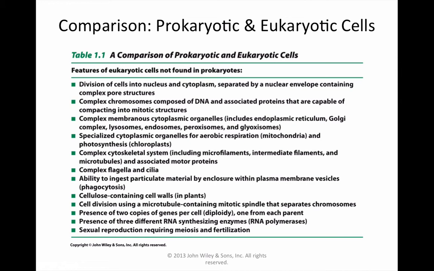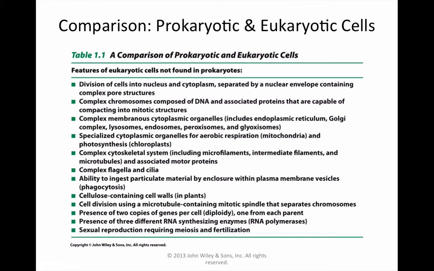And this nucleus is membrane bound, so it has a nuclear envelope. And this is not found in a prokaryote. We have complex chromosomes composed of DNA and proteins. And this is used for mitosis to get compacted together, as well as separate during meiosis.